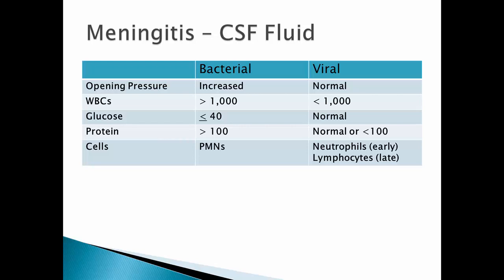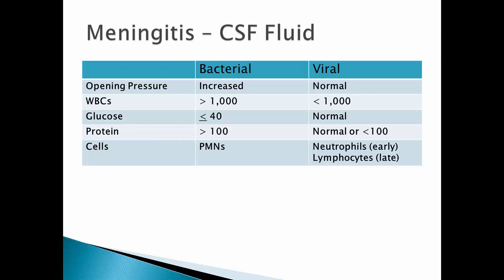With a bacterial meningitis, you tend to see a high pressure as opposed to an opening pressure within normal limits. In a bacterial meningitis, you see a lot of white blood cells. You'll see more than 1,000, less than 1,000 in viral.